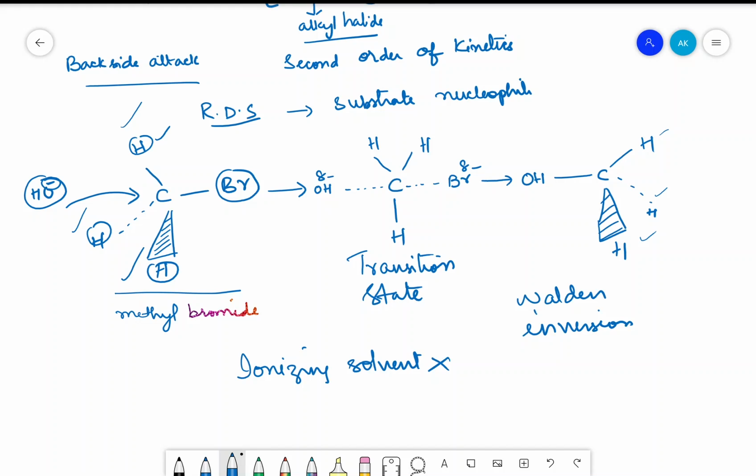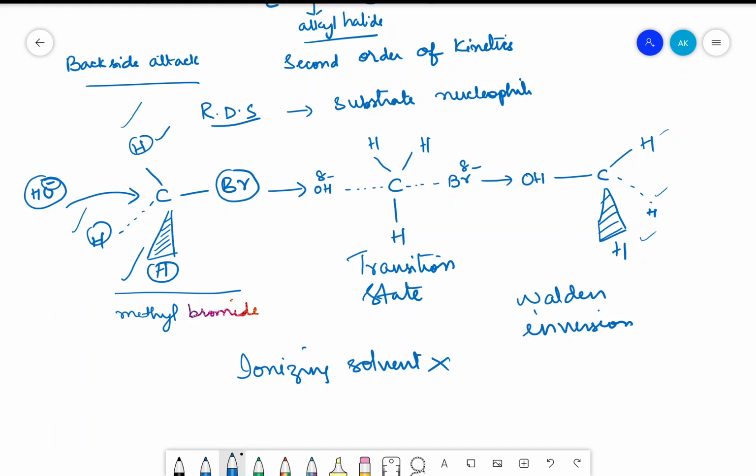So this is very simple yet very important for your coming semester exams, where they will ask you to explain bimolecular substitution reaction in alkyl halide. That means you need to write about SN2 reaction. They may ask you to represent the Walden inversion seen in alkyl halides.